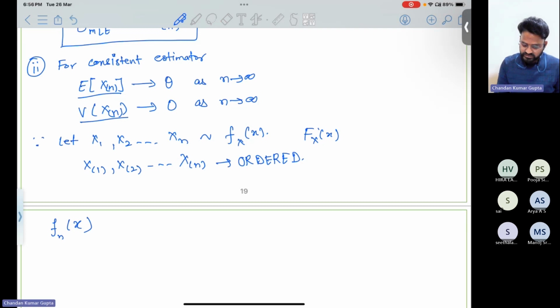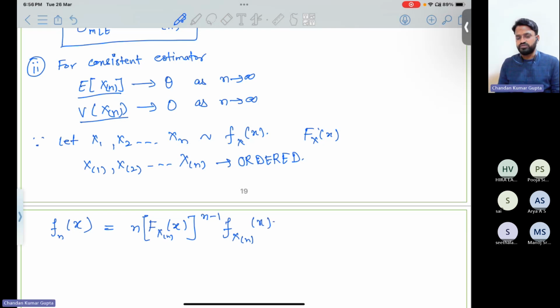This is equal to n times FX of x to the power n minus 1 times fX of x. Okay, this is the PDF for the largest value of Xi.